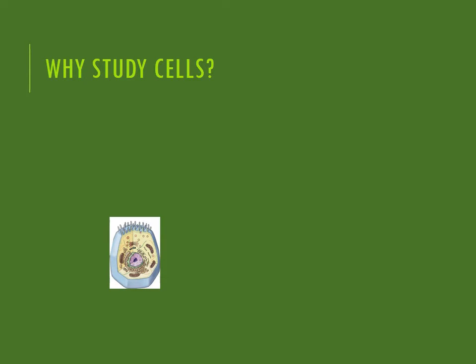Well, we can know a lot about plants and animals from studying their cells. Many of the world's deadliest diseases are pursued and studied by actually looking at them at the cellular level. So to answer the question, why do we study cells?